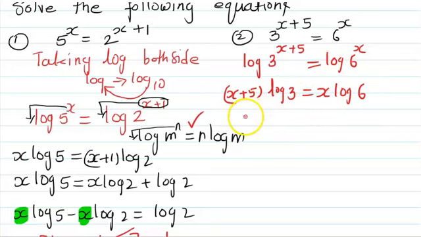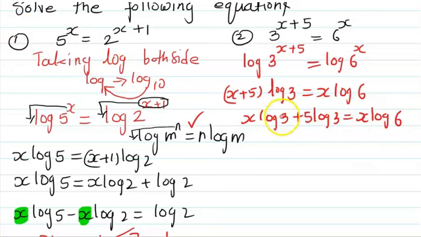Multiply inside by log 3. So it should be x log 3 plus 5 log 3 equal to x log 6. Okay. Now x term is here, x term is here. Collect all x terms together. So once you collect it, it should be x log 3 minus x log 6.